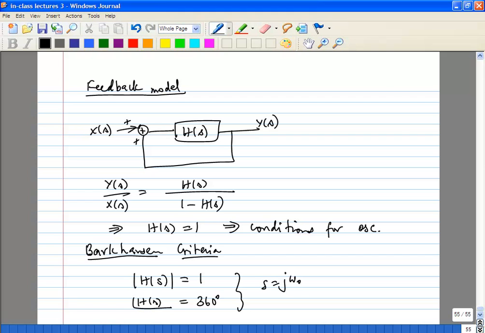Now the other thing you should remember is that this 360 degrees is the total phase shift. In many circuits, you will have some kind of DC negative feedback, which means you already have 180 degrees of phase shift at DC, and you have to add an excess phase shift of another 180 degrees to bring it to 360 degrees for oscillations.